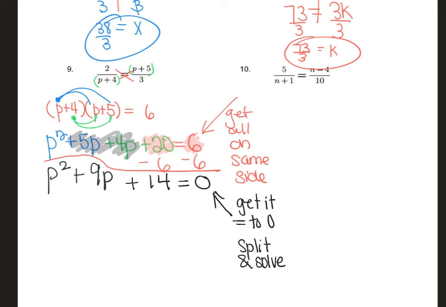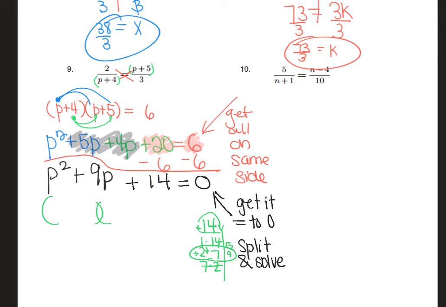And now we want to say, okay, well, 14. 1 times 14, 2 times 7, and we're done. And we're positive 14, so now we're adding, and that's 15 or 9, and it's going to be 9, and we're positive 9, so that's plus and plus.